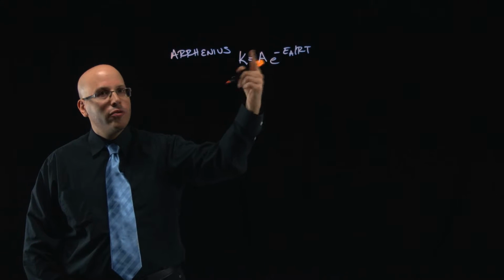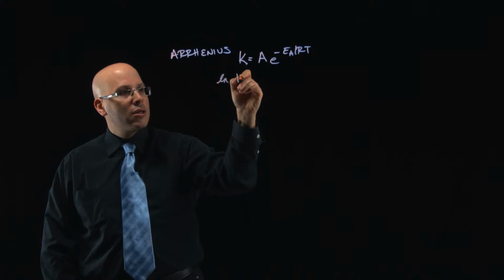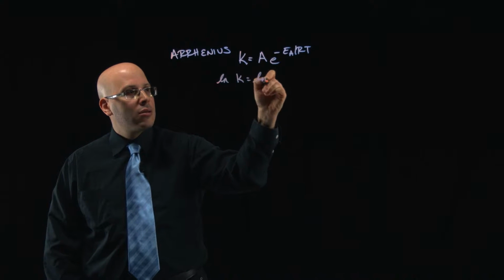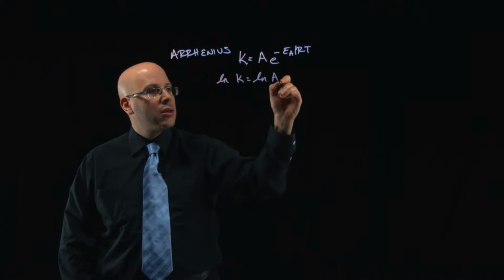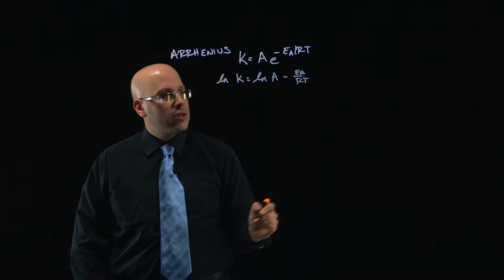So now if I just rearrange this a little bit and take the natural log of both sides, I get that the natural log of k is equal to the natural log of A minus activation energy over RT.